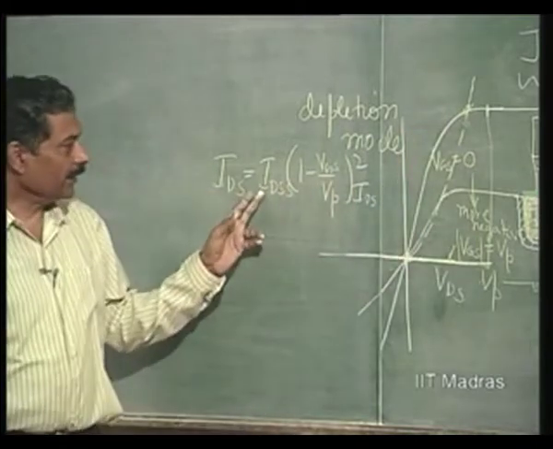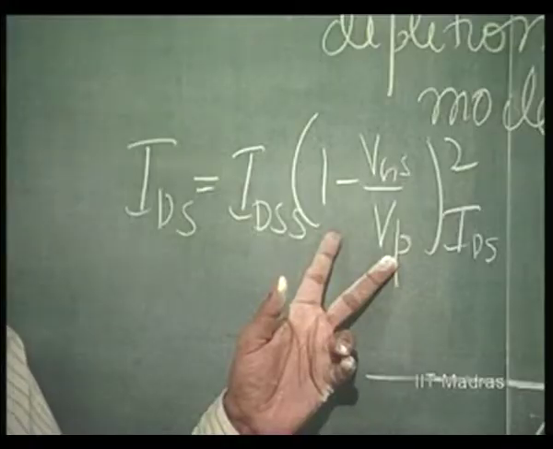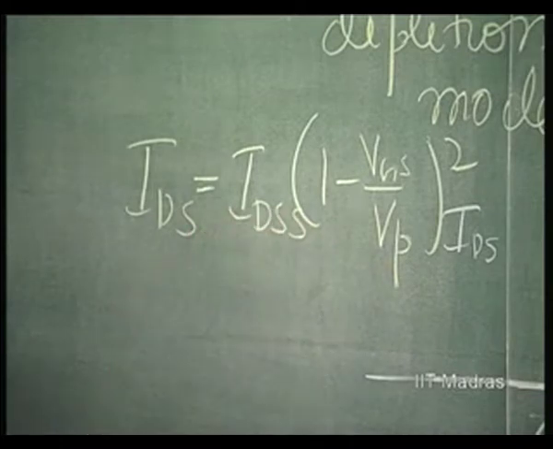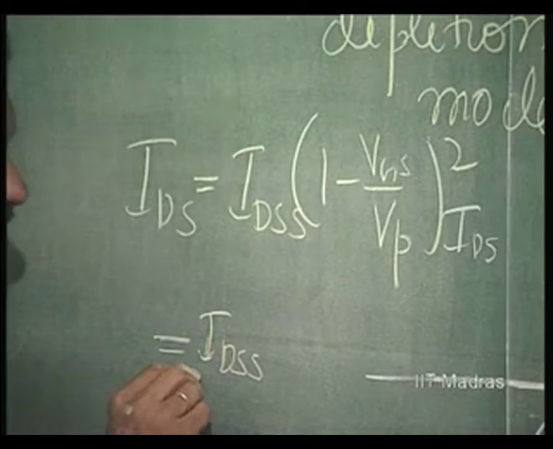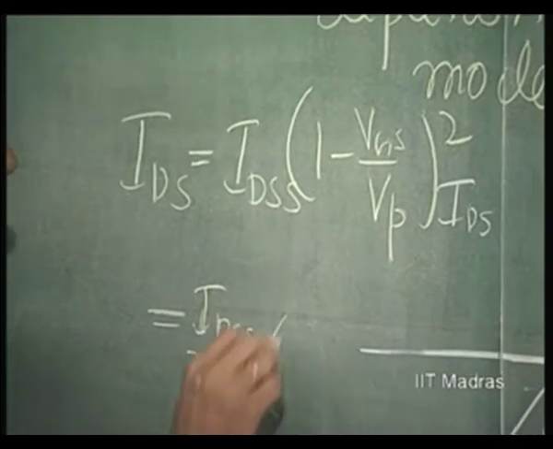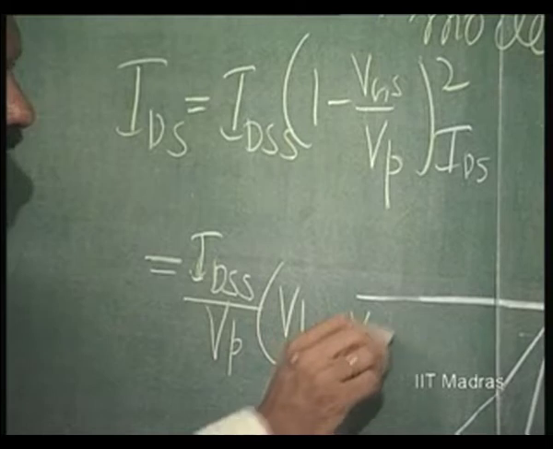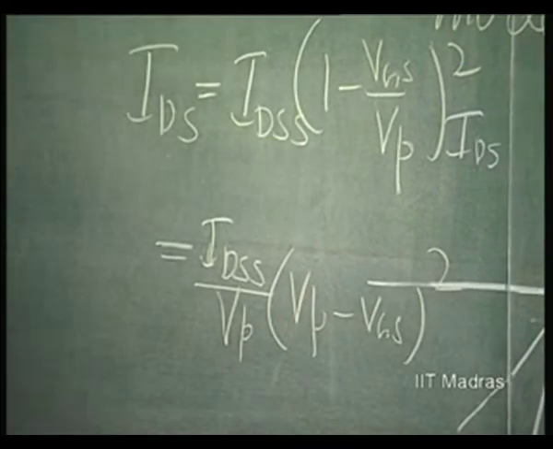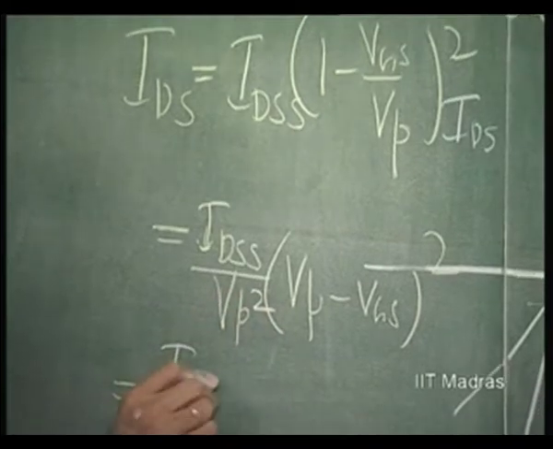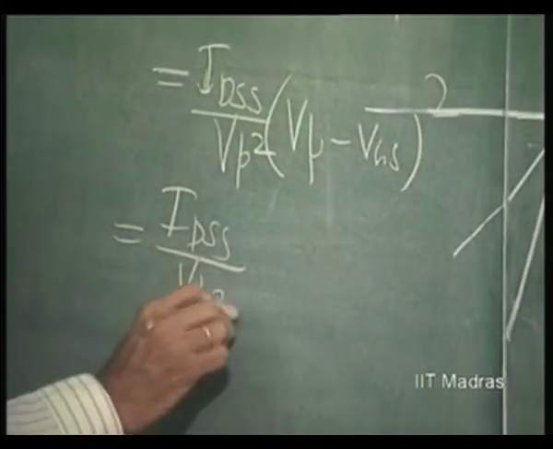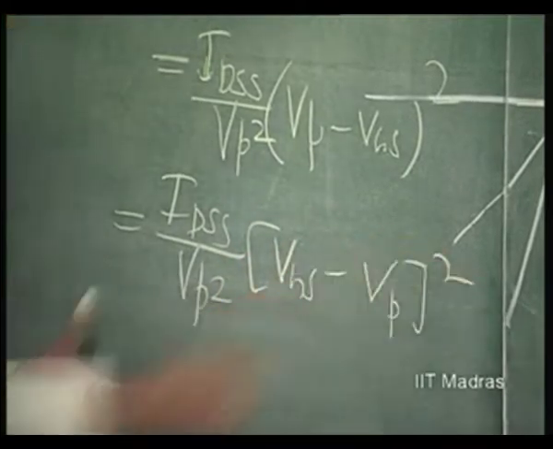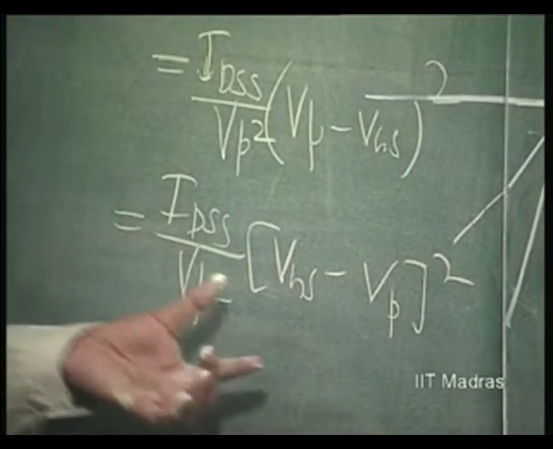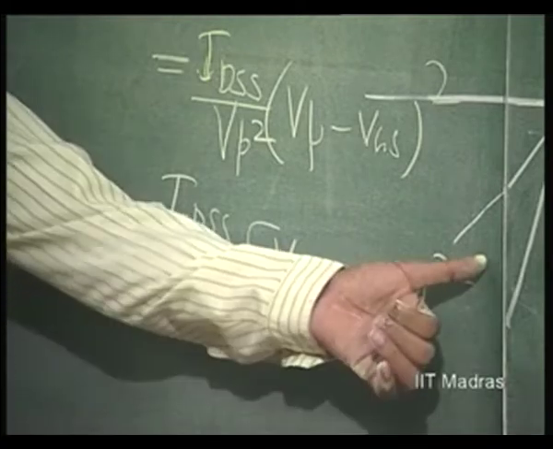So, in this case the same equation is rewritten as IDS equal to IDSS by VP squared into VP minus VGS whole square. Since it is squared, this is IDSS by VP squared into VGS minus VP whole squared. See, this is similar to K into VGS minus VT whole squared.